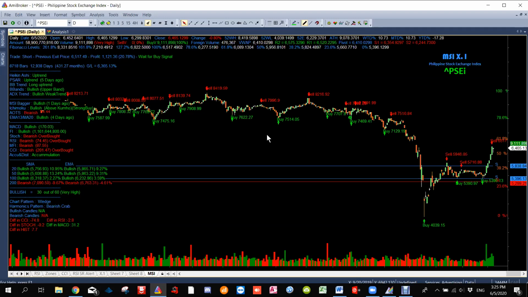Because without the plan ng pagtitrade mo, masasayang lang yung trade mo. And when you say long term, guys, it means minimum one year. Minimum yun, napakaliit pa nun.